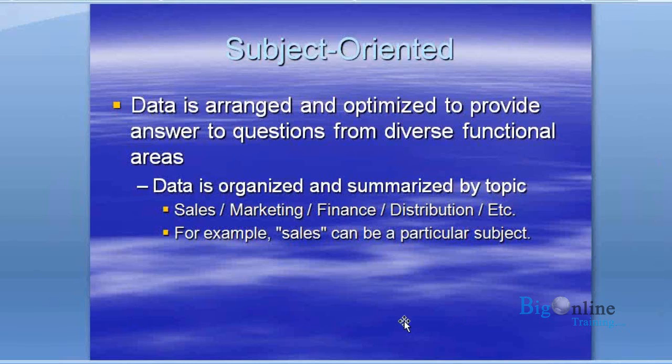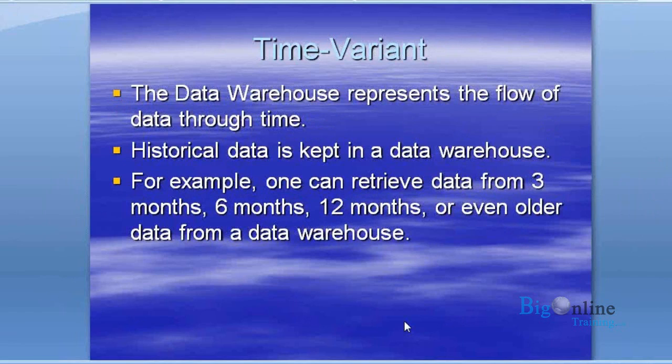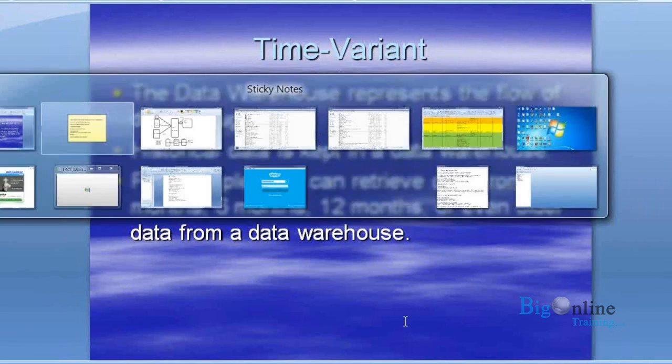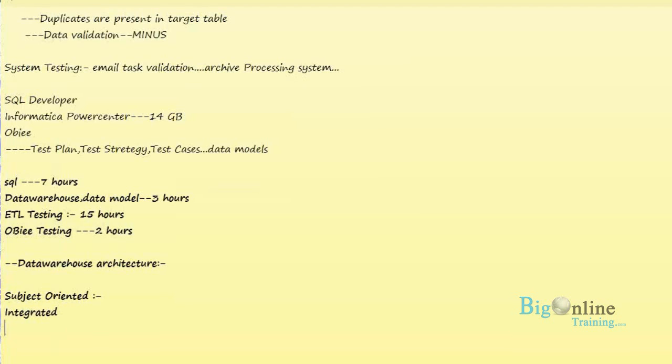And this is also an integrated system. And a data warehouse is also called a time variant system. Why do we call it a time variant system? In the data warehouse, data is historical in nature, and historical data will be present in the data warehouse.